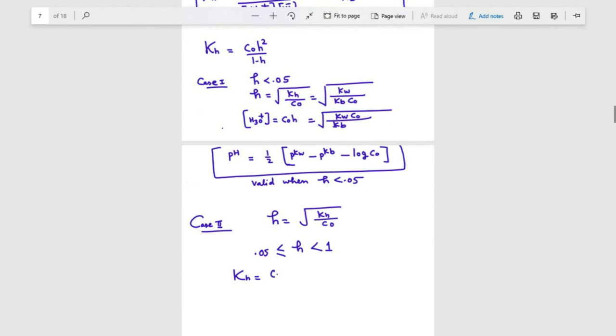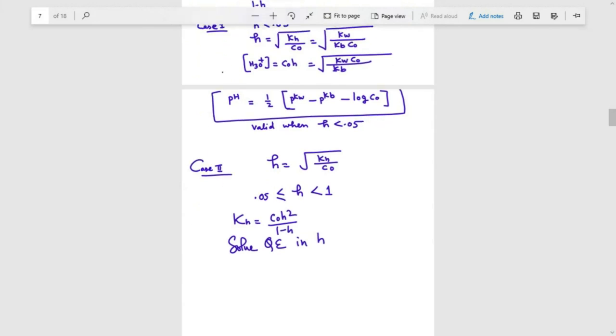KH is equal to C naught h square upon 1 minus h. So solve the quadratic equation in h, and you will get the value of h. When you get the value of h, you can find the H plus ion concentration, that is C naught into h. So from there you can calculate the pH of the solution.